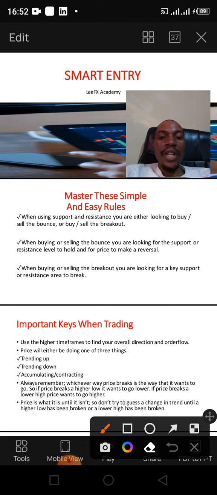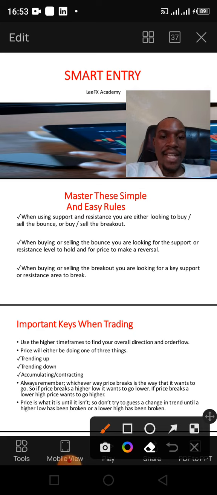Number 2, when buying or selling the bounce, you are looking for the support or resistance level to hold and for the price to make a reversal. Number 3, when buying and selling the breakout, you are looking for a key support or resistance area to break. 3 important keys.